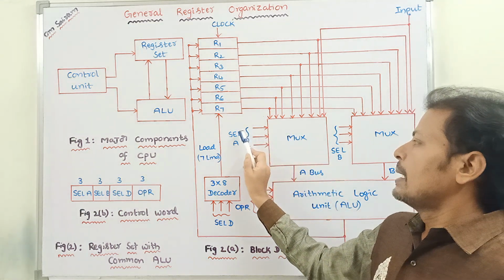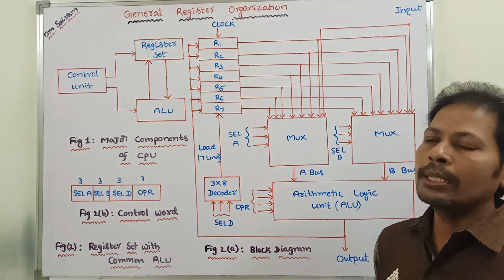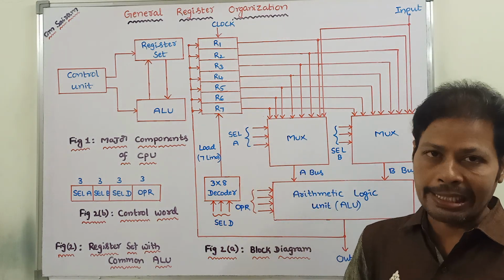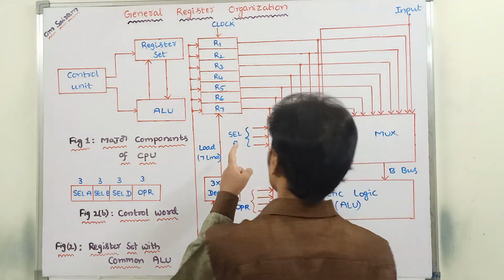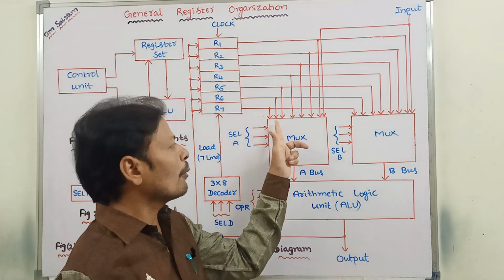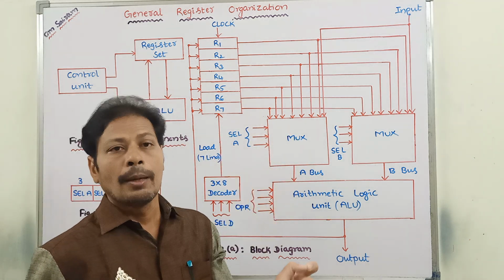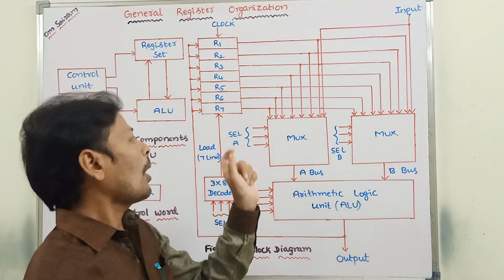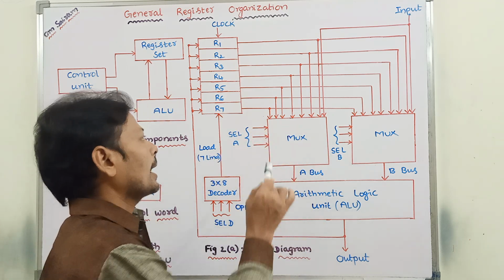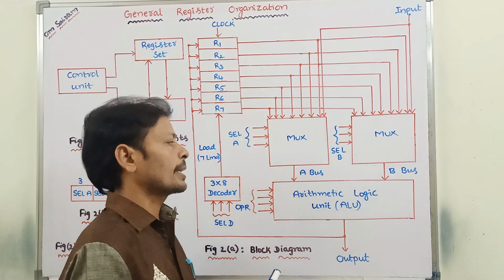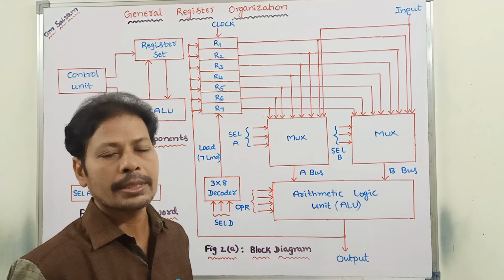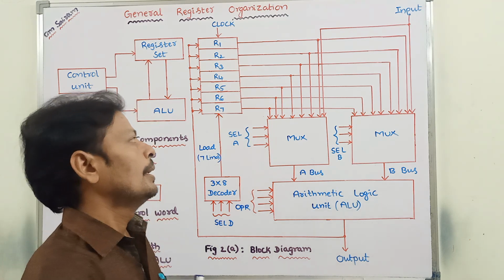Here, select A is nothing but the selection inputs of multiplexer A. By using those 3 selection inputs, we select only one processor register. Whatever processor register is selected, the content of that register is sent to the arithmetic and logic unit.